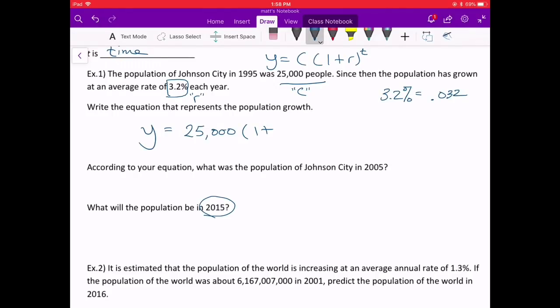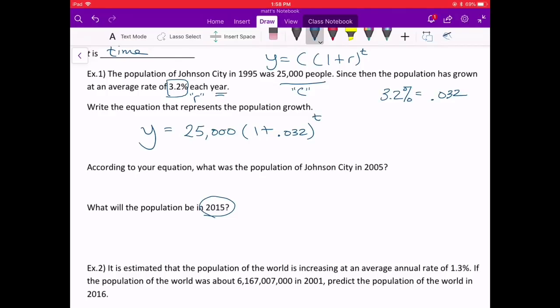If you remember back a little bit further in your math career, you move the decimal place 2 to the left to account for the 2 zeros in 100, or percent, per 100. All right, so 0.032. So multiplying 25,000 by 1 plus 0.032 is going to get larger because that's bigger than 1. And then to the T, representing however many years, T is in years because it's growing every year.